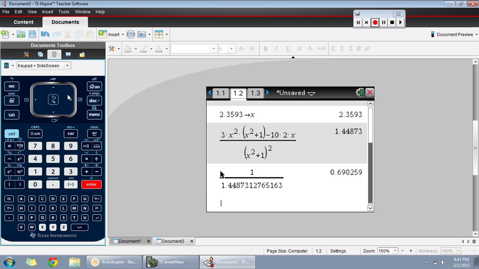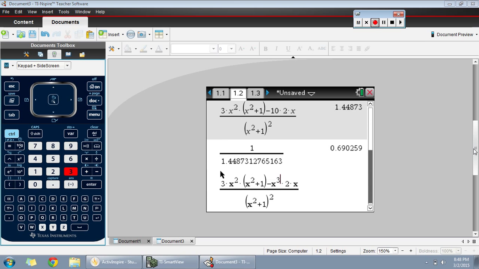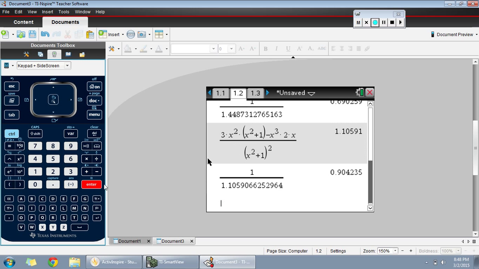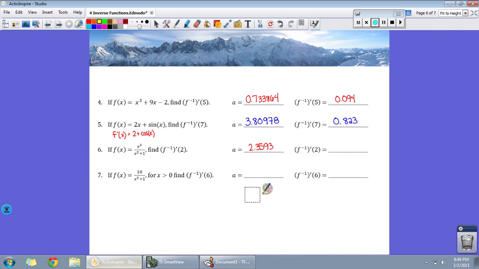Oops, I made a mistake. There's the correct derivative. Press enter, and then we've got 1 divided by the answer. There we go. So our derivative is 0.904.